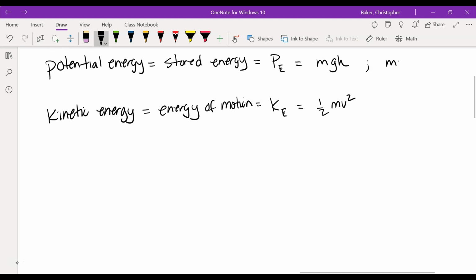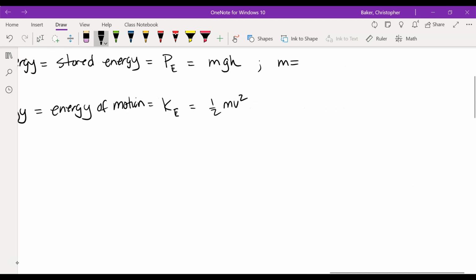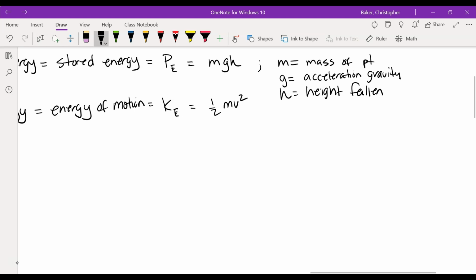And m is the mass of your patient, and g is acceleration of gravity, and h is the height fallen. And unit-wise, this is going to be in kilograms as the mass, acceleration is always in meters per second squared, and the height is always going to be in meters.